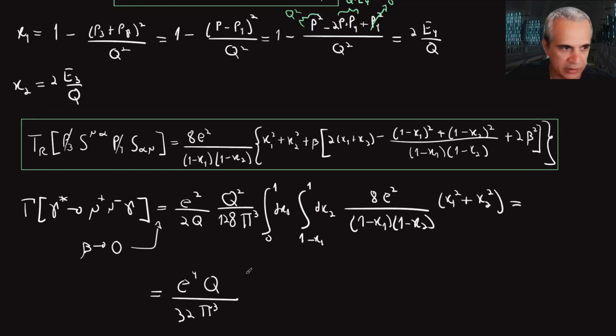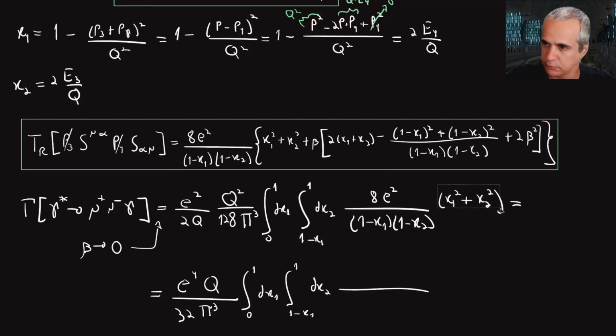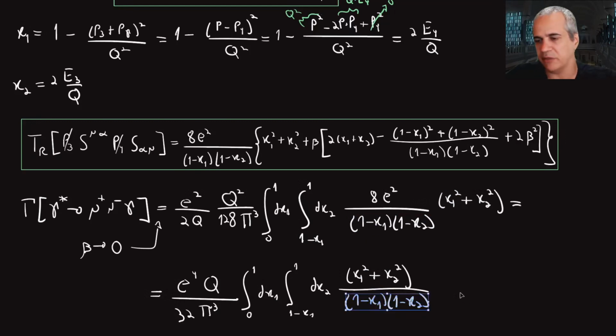That's the important thing for us for now. That dx1, 1 minus x1, dx2, and you can see it diverges near the two extremes of x, right? If x1 goes near 1 or x2 goes near 1, right?